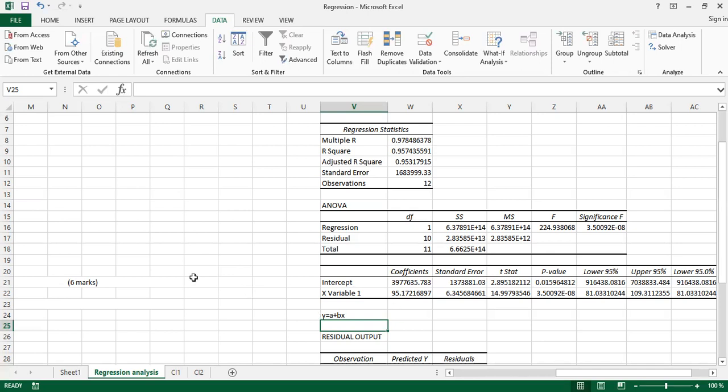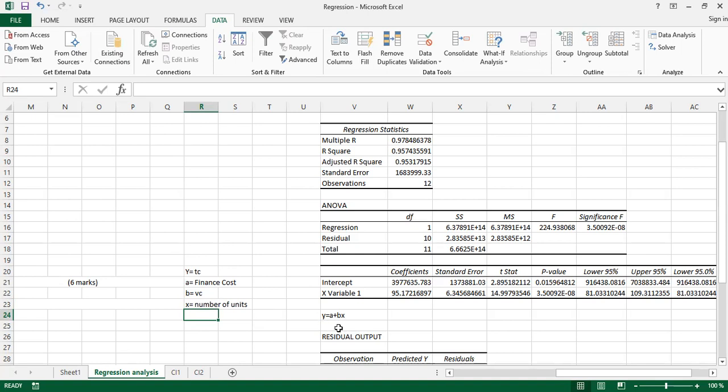Let me do this: y equals the total cost, a equals the fixed cost, b equals the variable cost, and x equals the number of units, isn't it? So you must know how this goes.